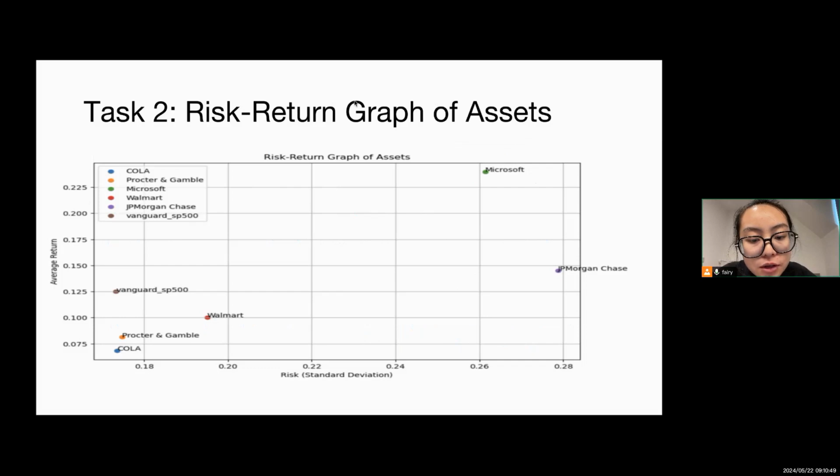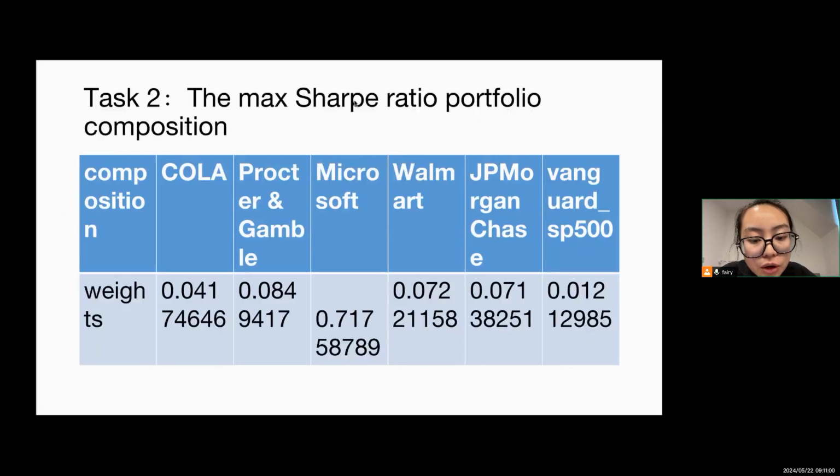By plotting the risk-return graph, we can analyze the risk and return characteristics of each asset assessed. I then used Monte Carlo simulation to generate the efficient frontier for portfolio optimization, and the results indicate that the portfolio has a high risk-adjusted return.